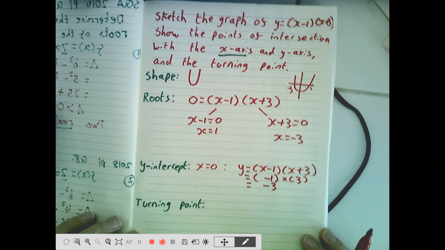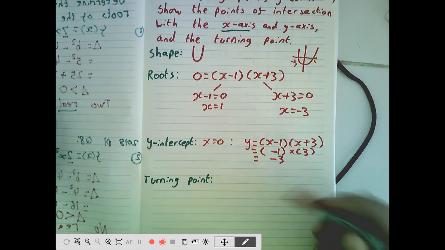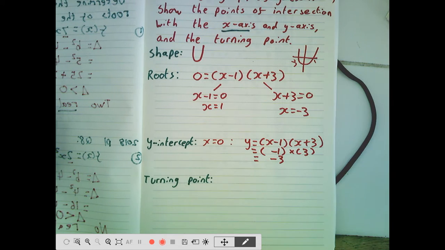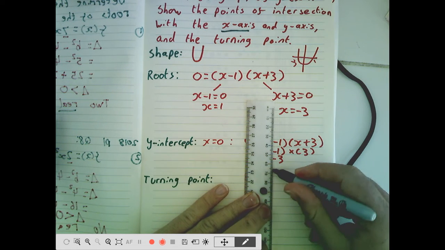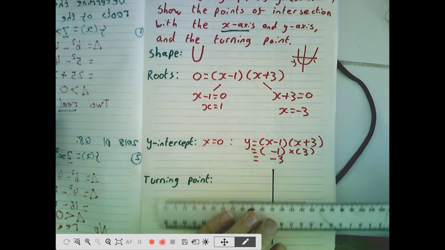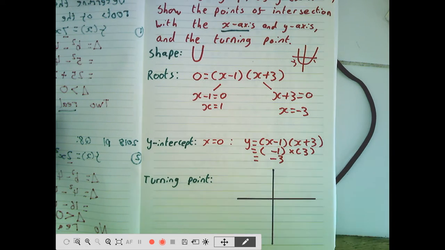Okay, so I think what I want to do is actually sketch this, and we'll talk about the turning point in a second. So let's sketch this graph here. Let's just do a rough and ready sketch. Let's talk about what we know.